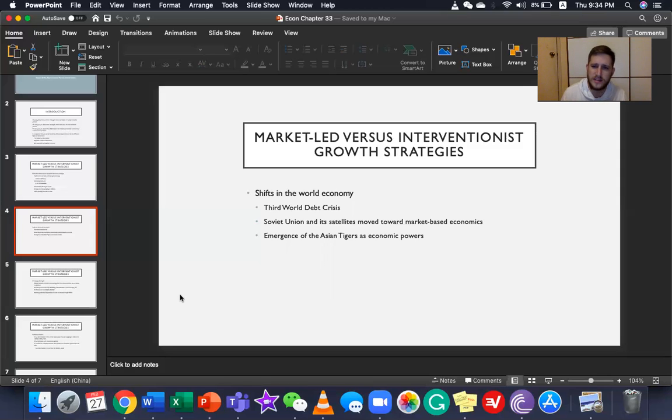But it also coincided with this Cold War communist mentality, where a lot of Western countries were pushing back against the idea of communism. And one of the ways they did this was through the liberalization of the economy, trying to show that capitalism can work and it is the best approach.